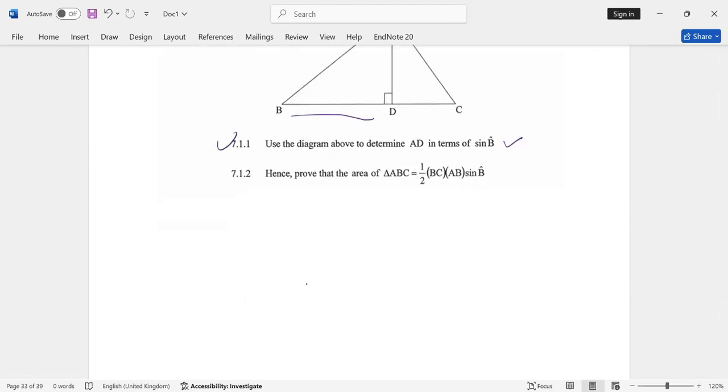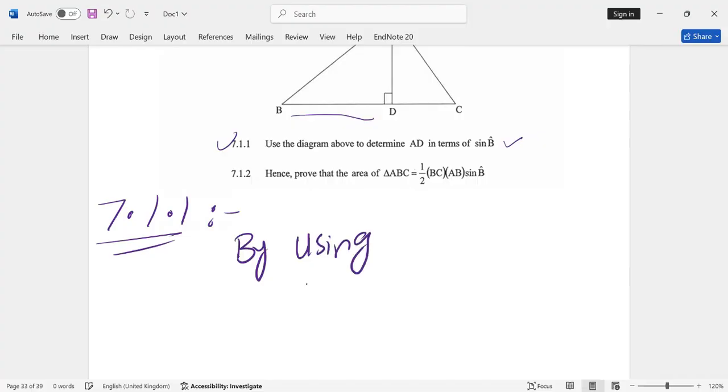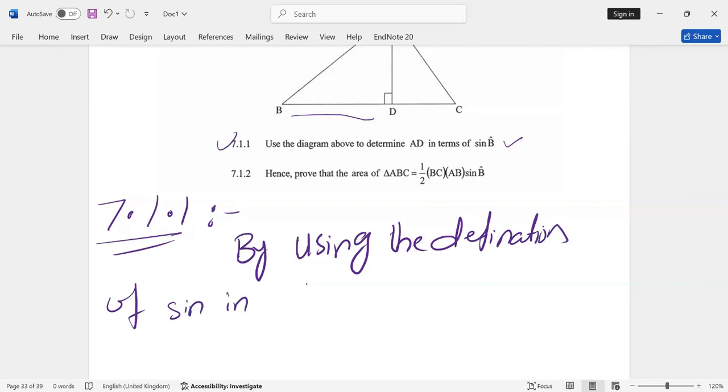So we have to solve this question, 7.1.1, okay? So use the definition of sine in the right angle triangle ABD, okay?